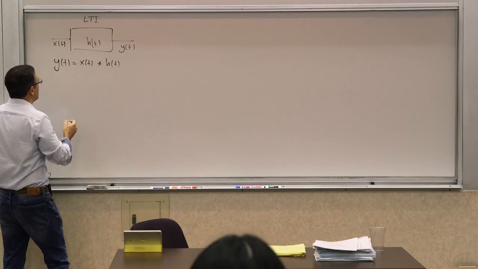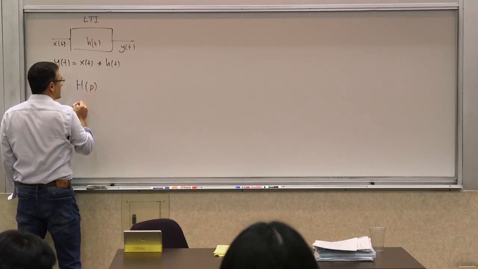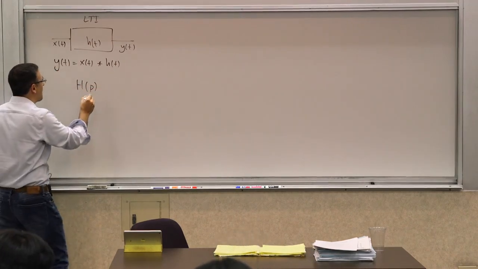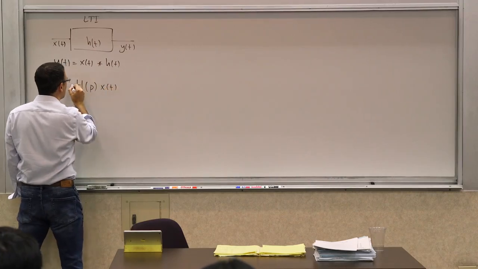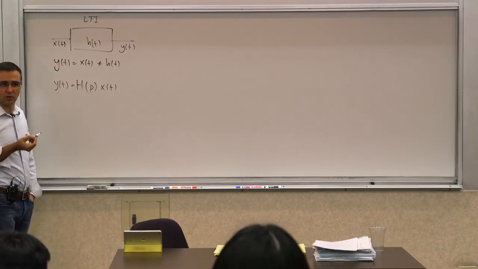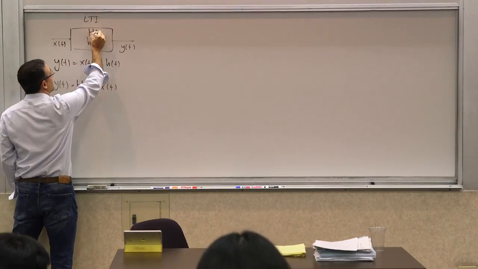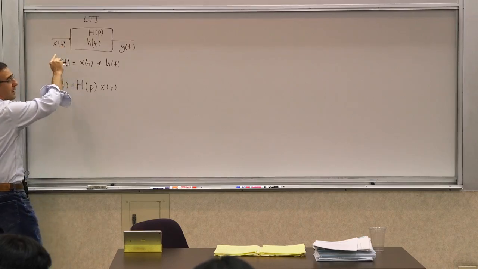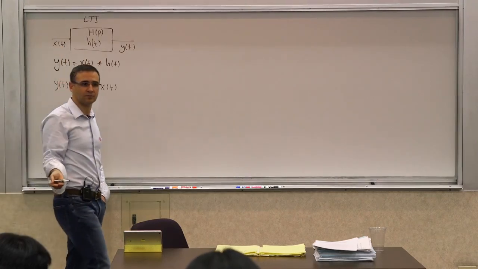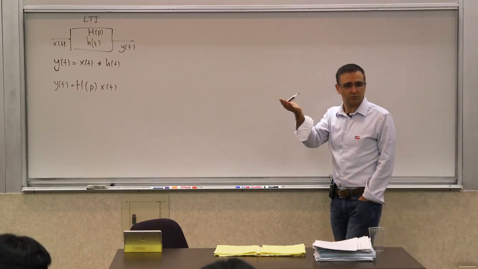Now, the other thing is that we knew that with this h of t, there's an associated h of p, which is the system operator, that operating on x of t produces y of t. Right? That's what the system operator does. It takes the input. That's the definition of the system operator. It operates on the input. It produces the output. Right? That's what system operator is, right?